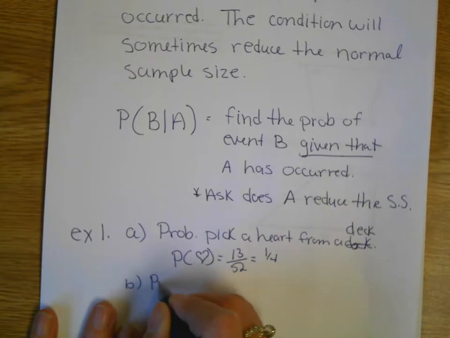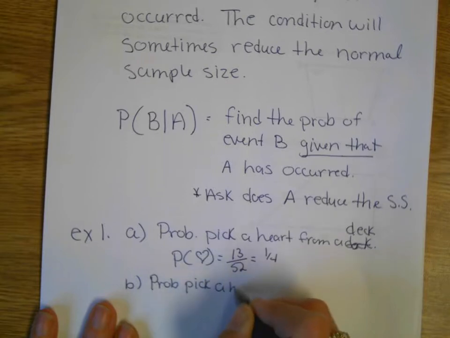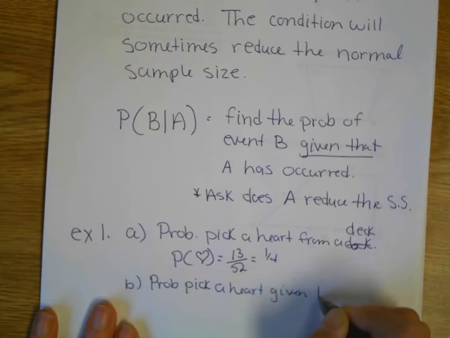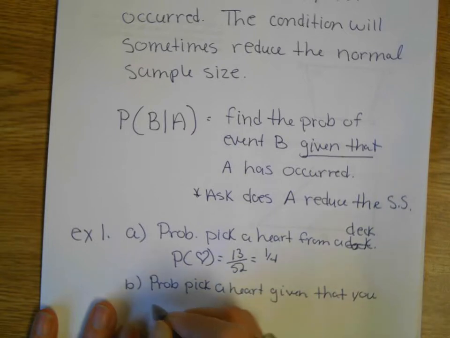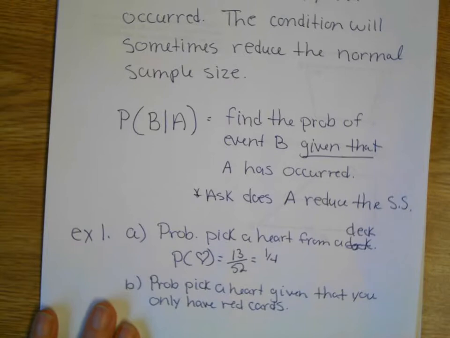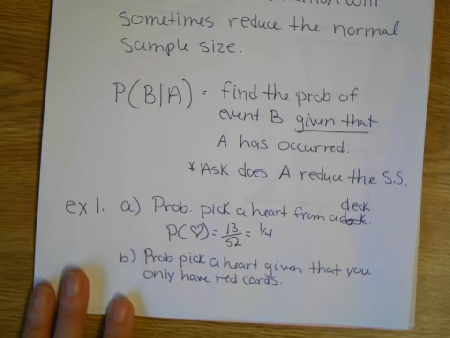Okay, I'm going to change it up now. Can you find the probability that you pick a heart given that you only have the red cards? There's a condition that's been met here. Now my deck only consists of the red cards. First of all, let's look at the notation for this, and then we'll do the probability.